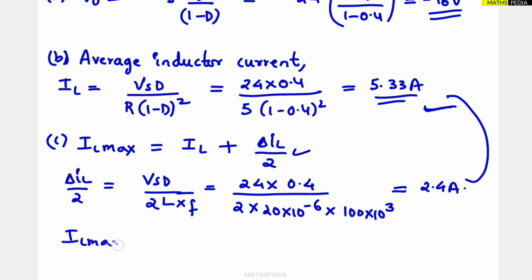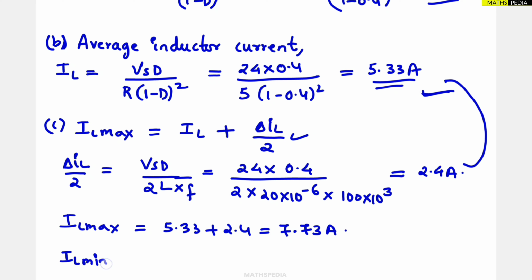So it will be 5.33 plus 2.4, which is equal to 7.73 amperes. To find IL minimum, the minimum inductor current, it is IL minus delta IL by 2.